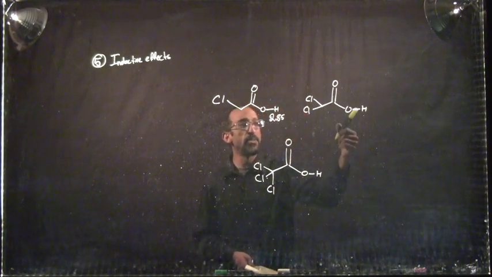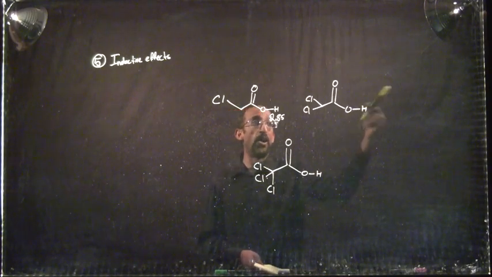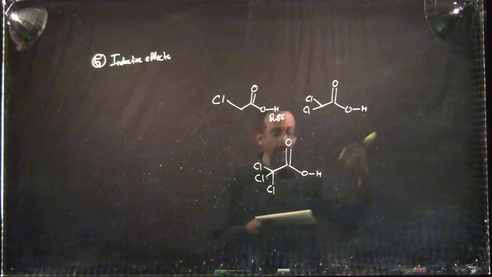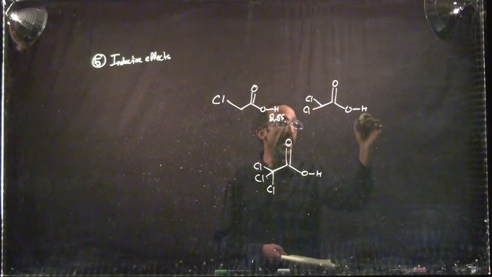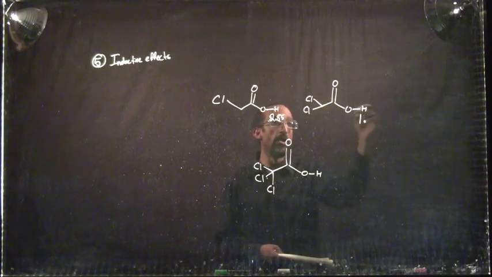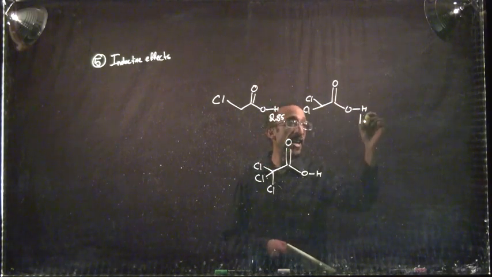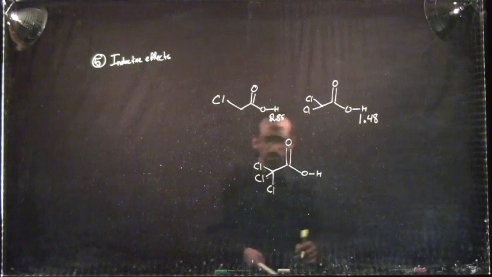So, right, I've made this bond now even weaker. This hydrogen should be able to fall off even easier, right? I've increased this propensity for dissociation. And we find that the pKa in our dichloroacetic acid fits that expectation, right? Its pKa is about 1.48.